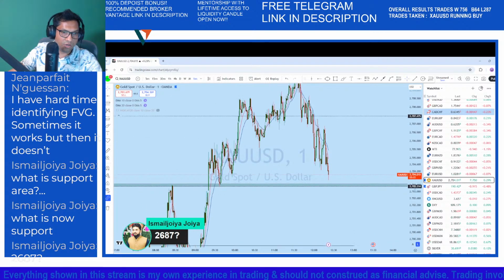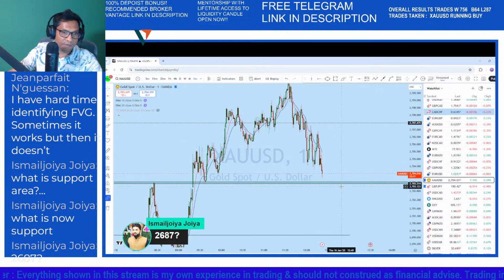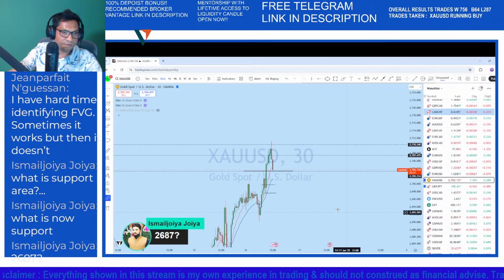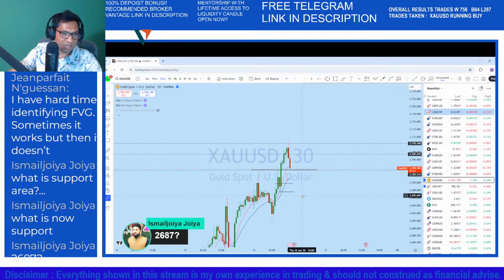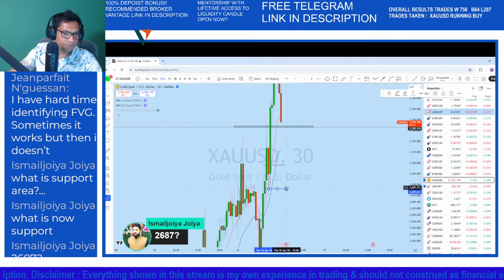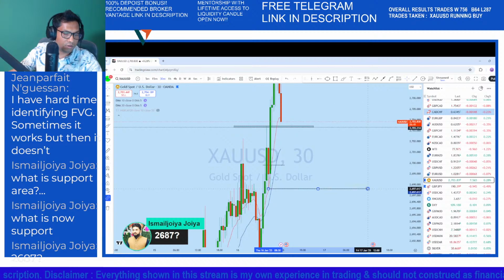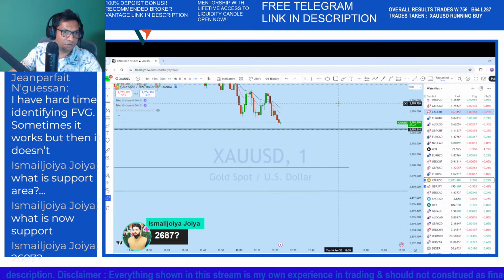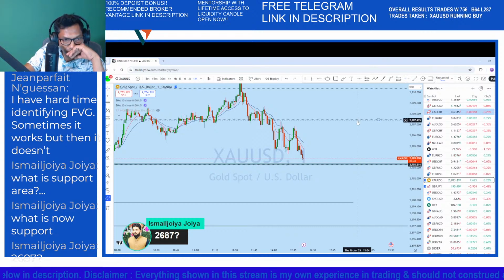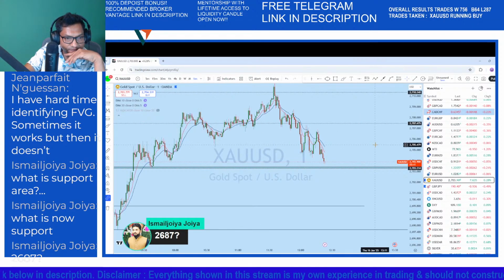You can see locally the price is in a bearish move, and in this bearish price section I want to see the price coming here to this important liquidity zone. Let's see how far it might be heading. Locally we can see that bearish price section for an entry.